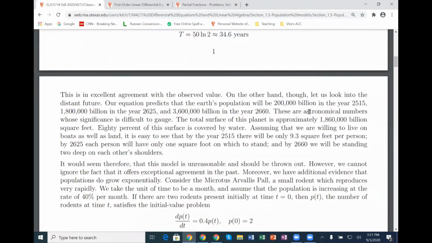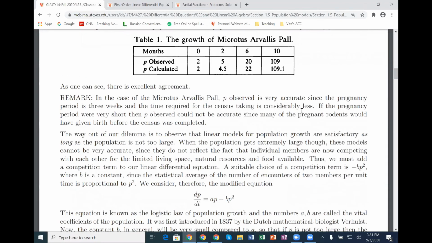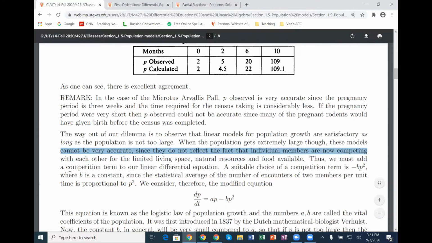So the question is how to fix it. And here is an idea. Number 1, when the population gets extremely large, the above model cannot be very accurate, since it does not reflect the fact that the individual members are now competing with each other for the limited living space, natural resources, and food available.